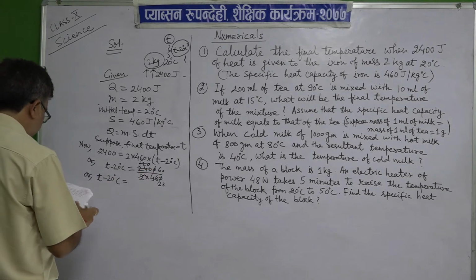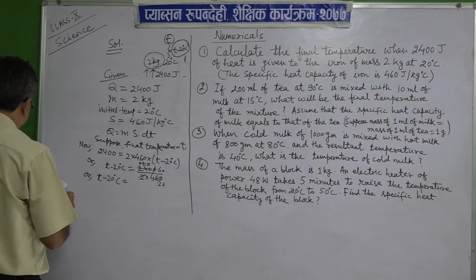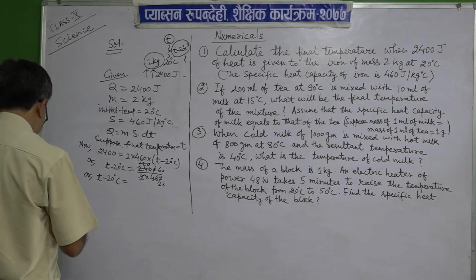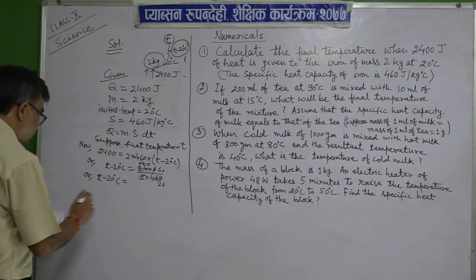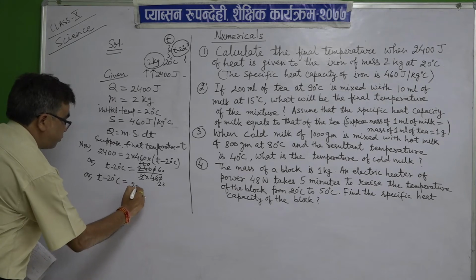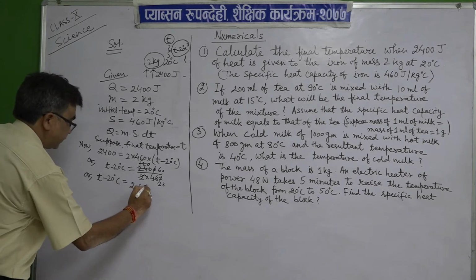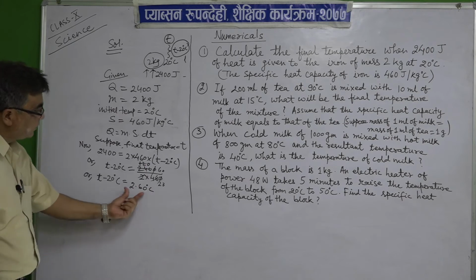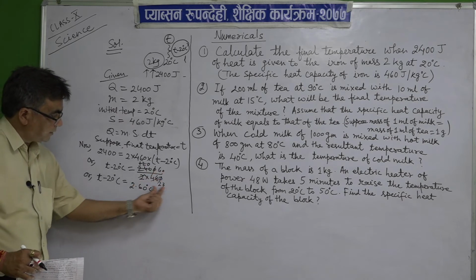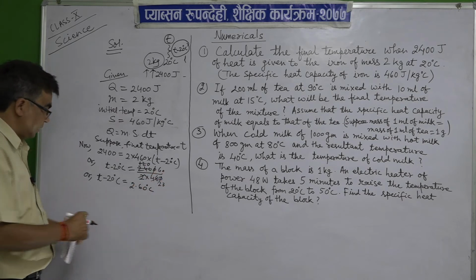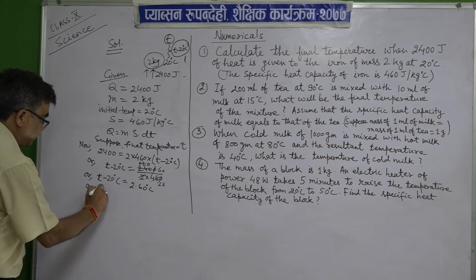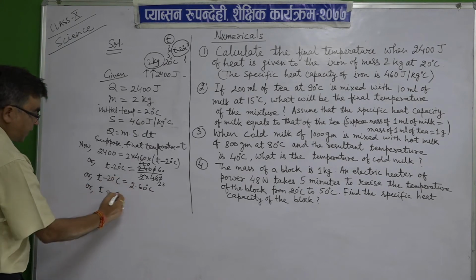If you divide, its value will come to 2.60 degree centigrade. Where has it come from? 60 upon 23, 2.60 degree centigrade. Or T will be, it will go to that side.